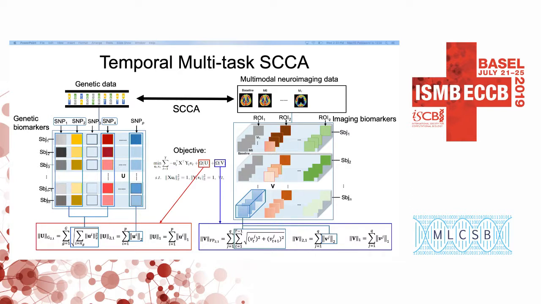This means at two successive time points, it may remain stable. So this helps us to select ROIs with these characteristics. And the L21 norm also helps us to select ROIs that remain stable during all time points. And the L1 norm helps us select ROIs that are only effective at one time point.